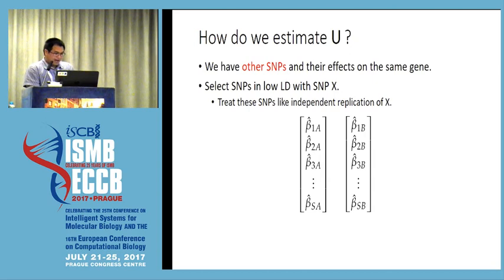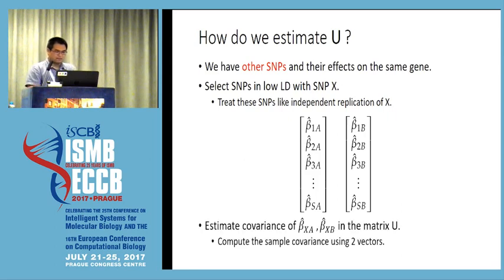Here, beta hat 1A is the effects of the first SNP in tissue A, and this SNP has low LD with the SNP X. Similarly, you have beta hat 2A, beta hat 3A, and for the second vector, you have beta hat 1B, which is the effects of the first SNP that has low LD with X in tissue B. Given these two vectors, you can estimate the covariance of beta hat XA and beta hat XB, and that would be one of the entries in the matrix U.